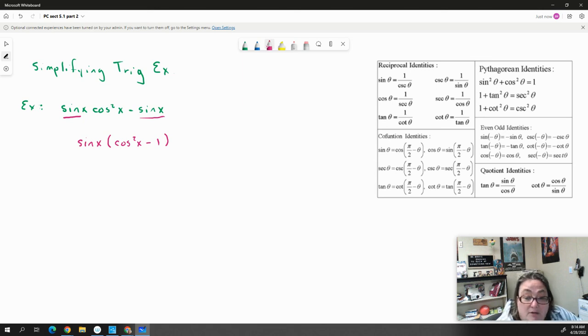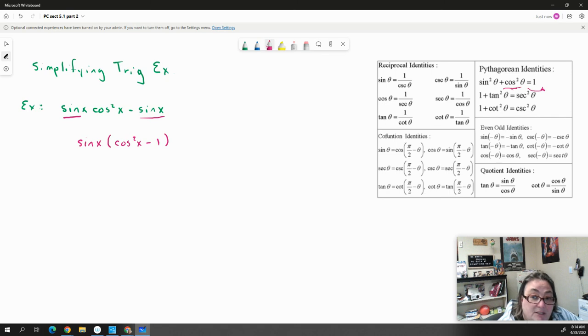Well, if you notice, this cosine squared of x minus 1 is fairly similar to one of these Pythagorean identities, right? If I were to move this cosine over, I would have 1 minus cosine squared of x, right? If you see that over here, if I moved this over, I could do that.